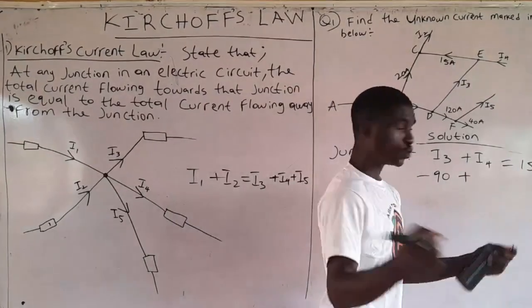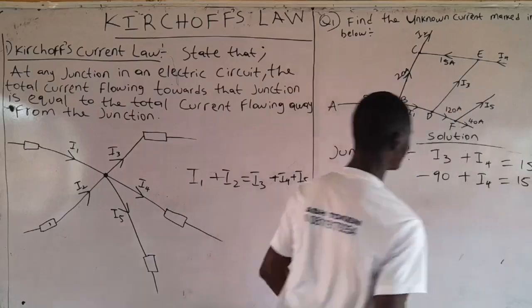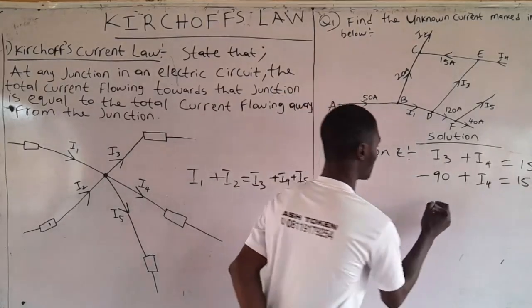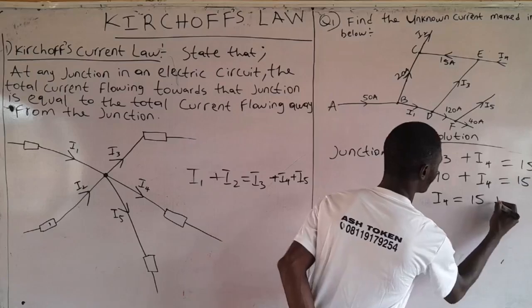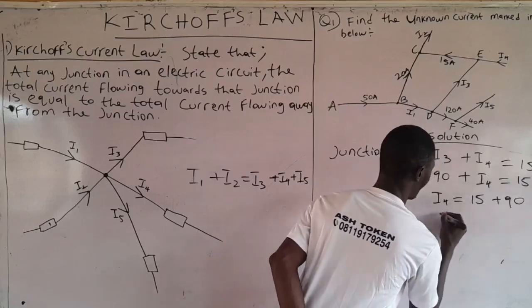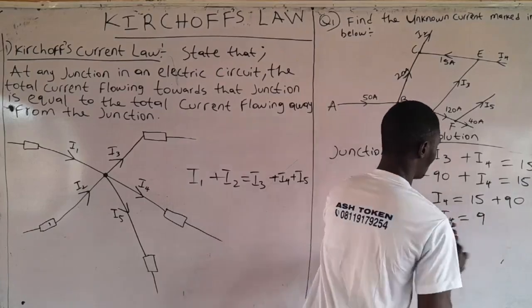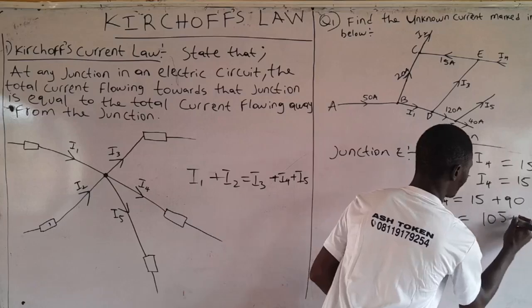Because our I4 is unknown, minus 90 plus I4 equals 15. Now, to get our I4, we make I4 the subject of the formula. So our I4 is equal to 15 plus 90. Then our I4 is equal to 105 amperes.